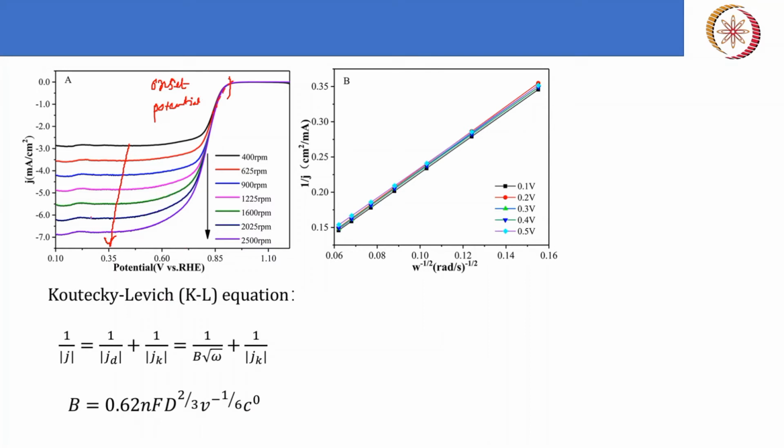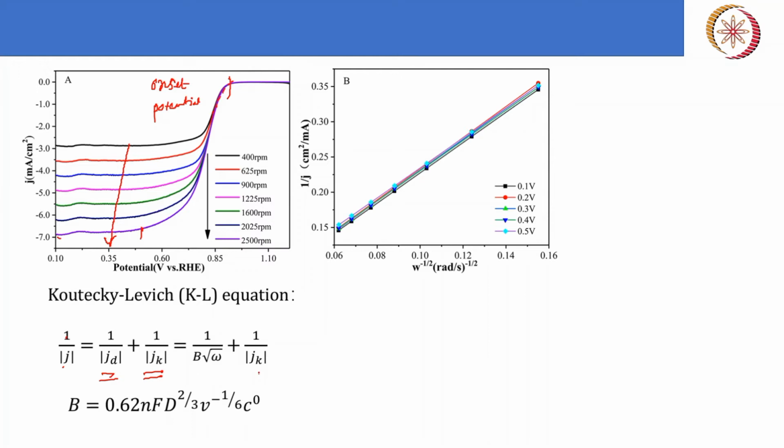And from the diffusion control region, if you plot J, as it is an electrochemical process, you can use the Koutecky-Levich equation, which is one of the famous equations for studying hydrodynamic processes. Basically the reciprocal of the current density is equal to the summation of the reciprocal of the diffusion control current density and the kinetic control current density.